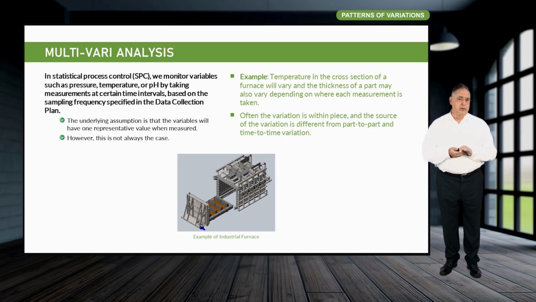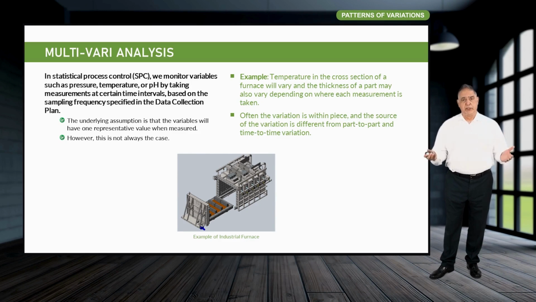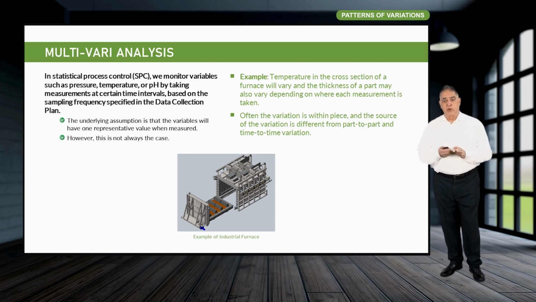However, this is not always the case. For example, if you think about temperature, and an industrial furnace that is used to produce particular types of products, the temperature in the cross-section of such a furnace will vary, and this is going to have an effect on the thickness of the parts that are produced, and it will also depend on where the measurement has been taken from.